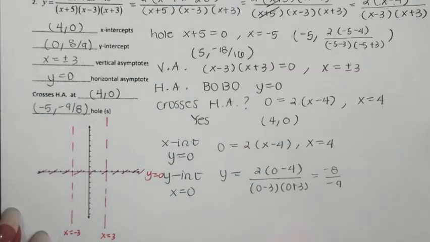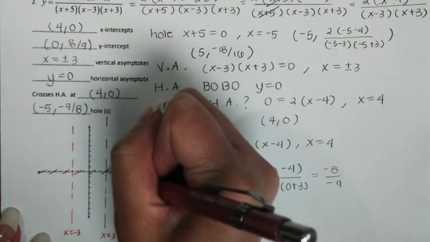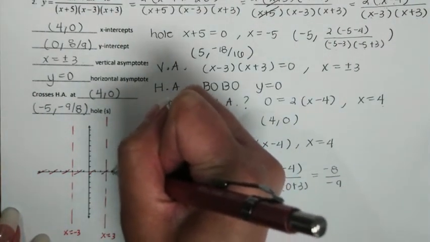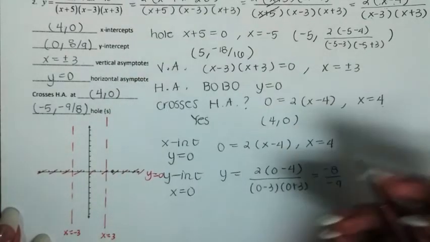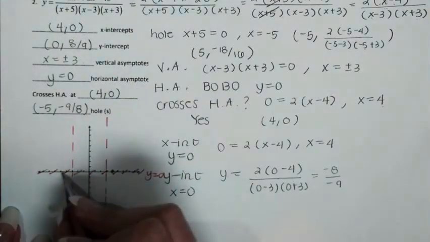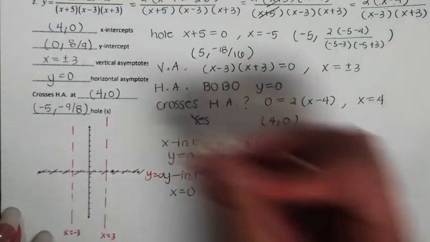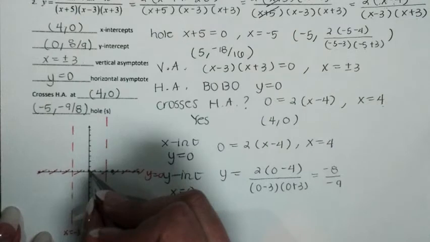Now let's graph the points. Okay, so the first point that you have is 1, 2, 3, 4. Over here 0. Okay, so that's an x-intercept slash crossing the horizontal asymptote. Please remember that I'm doing this dashed so you can see it in the video and everywhere. Okay, the y-intercept, you know that it's going to be 0, 8 over 9, so it's going to be somewhere here.